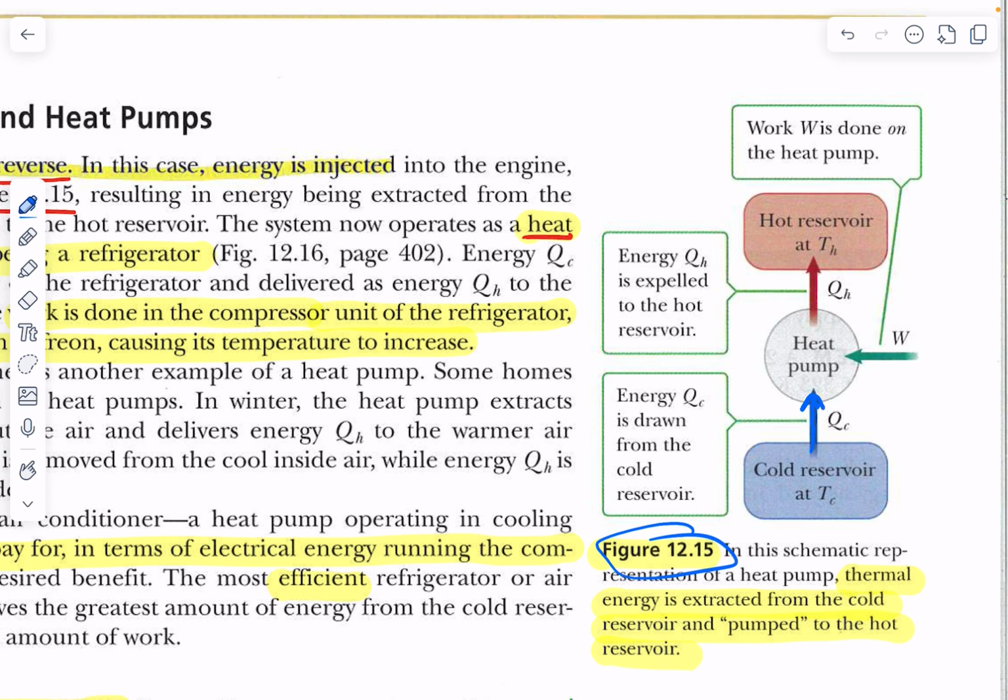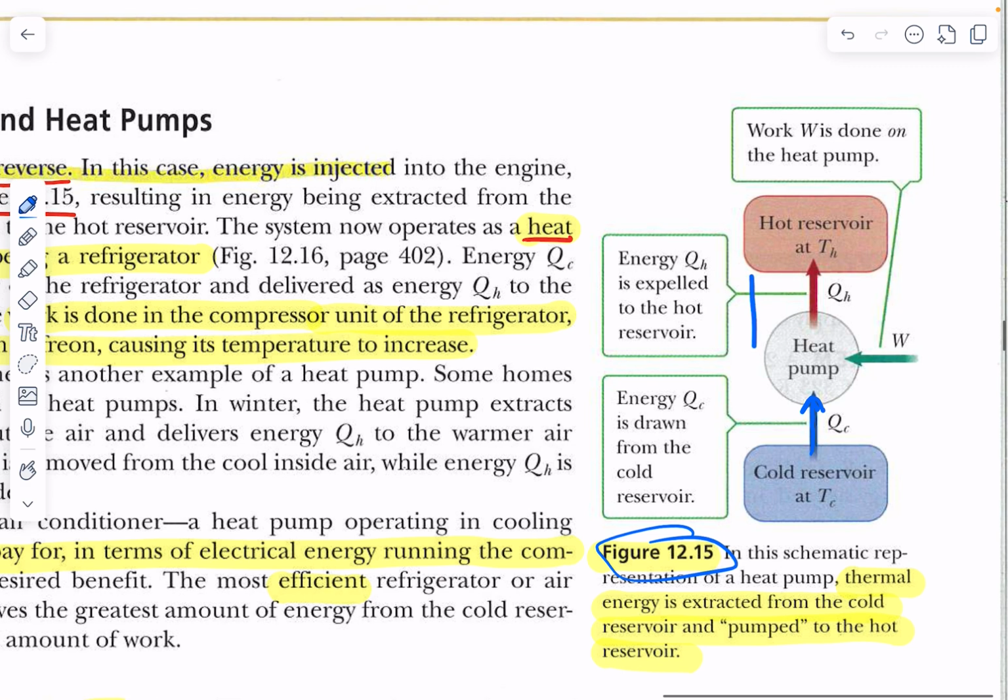In other words, we're going against the gradient. Heat naturally wants to go from hot to cold. It naturally wants to flow in that direction. That's part of the 0th and the first laws of thermodynamics. It's also part of the second law of thermodynamics. As heat is hot, it spreads out, and as it spreads out, it's going to cool down. This is the natural direction, this way.